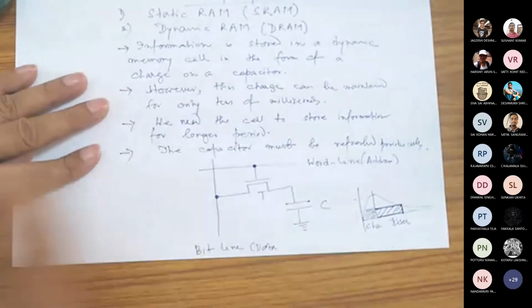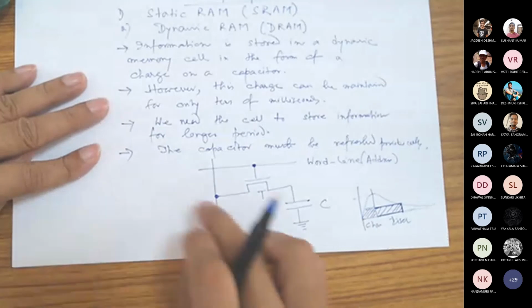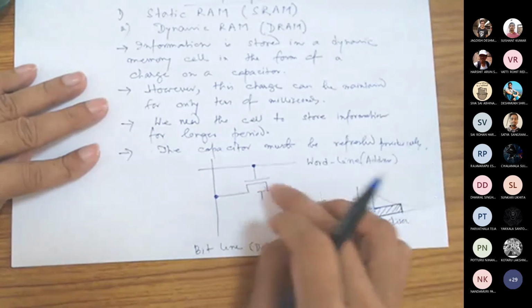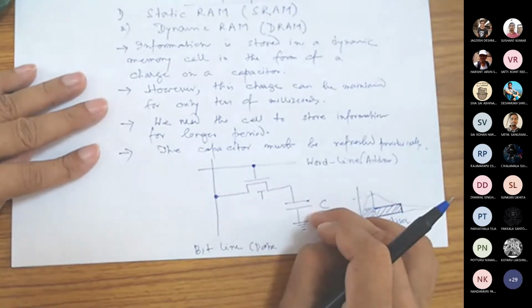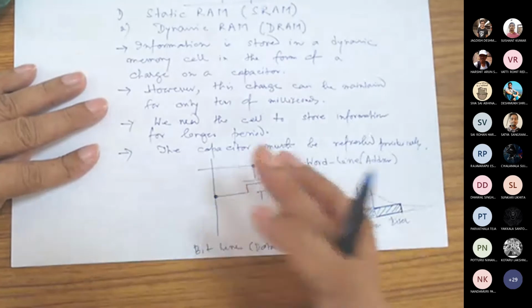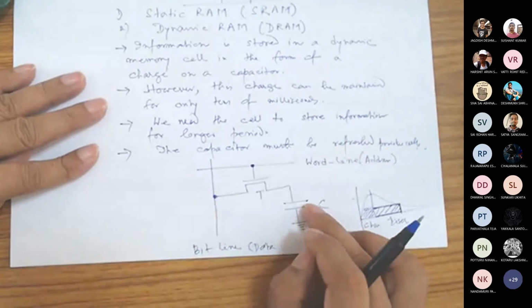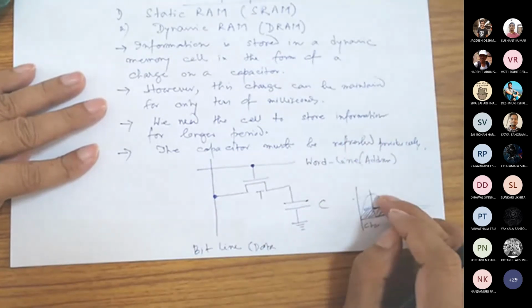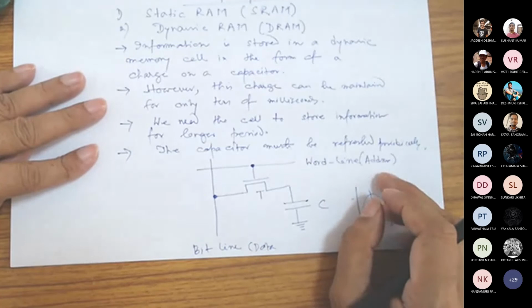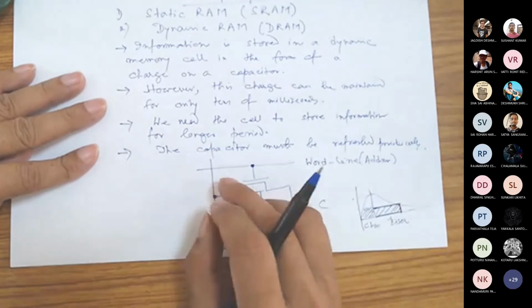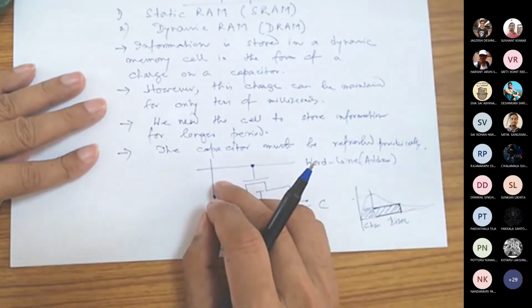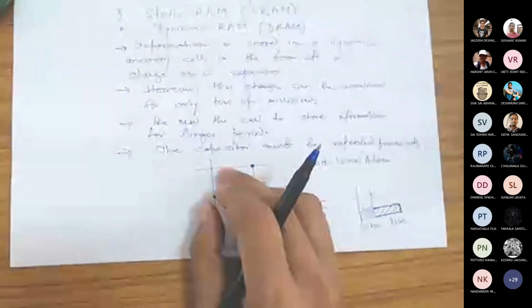They are slow in nature. Why are they slow in nature? Because of the design of the circuit. You need charging time, so writing takes time until it reaches the desired voltage. Also, it needs to be refreshed. So there are two disadvantages.